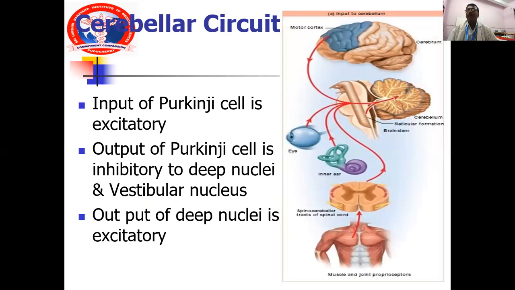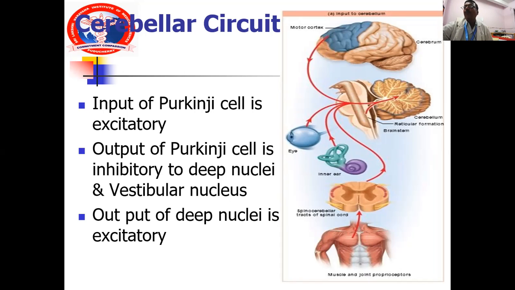And the cerebellar circuit from the motor cortex: input to the cerebellum through the Purkinje cell is excitatory, and output of the Purkinje cell is inhibitory to the deep nuclei and vestibular nuclei.